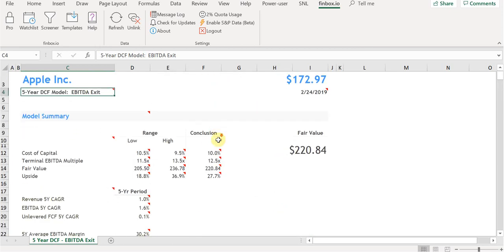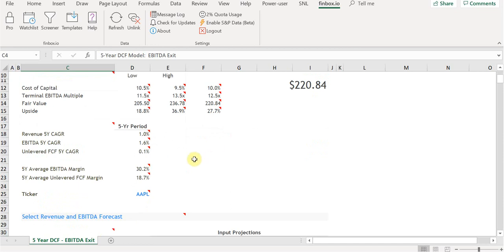So here's a DCF. I won't go exactly into what a DCF is. You should know this by now, but it's basically a way to look at free cash flow of a business over a defined period in time, 5 years in this instance, discounted back at the average cost of capital, where you get to an enterprise value.